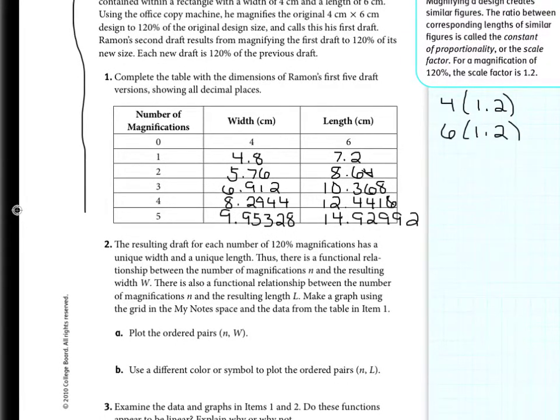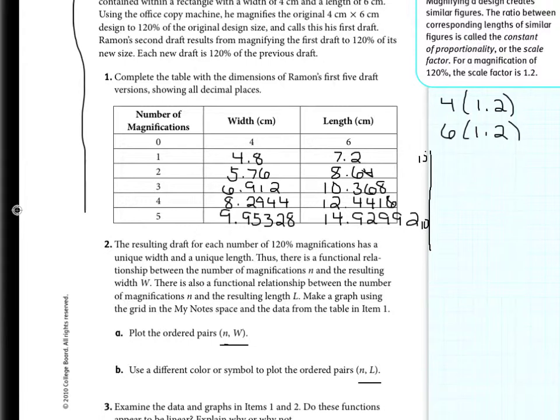So n, notice in the set pairs, is the horizontal. So notice I'm counting how far up I need to go. I need to go to like 15, right? So if I make that 15 up there, then the next line would be 14, 13, 12, 11.